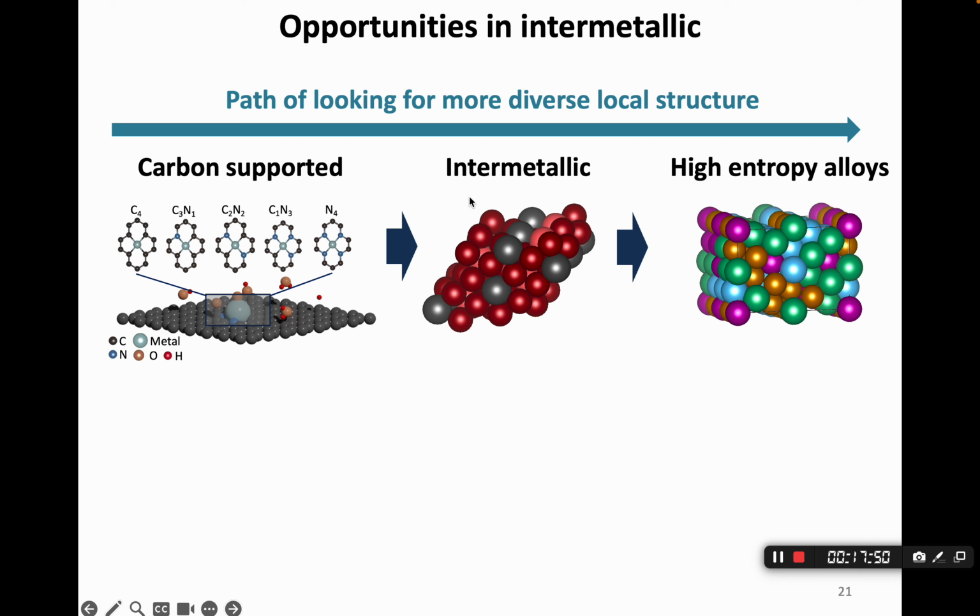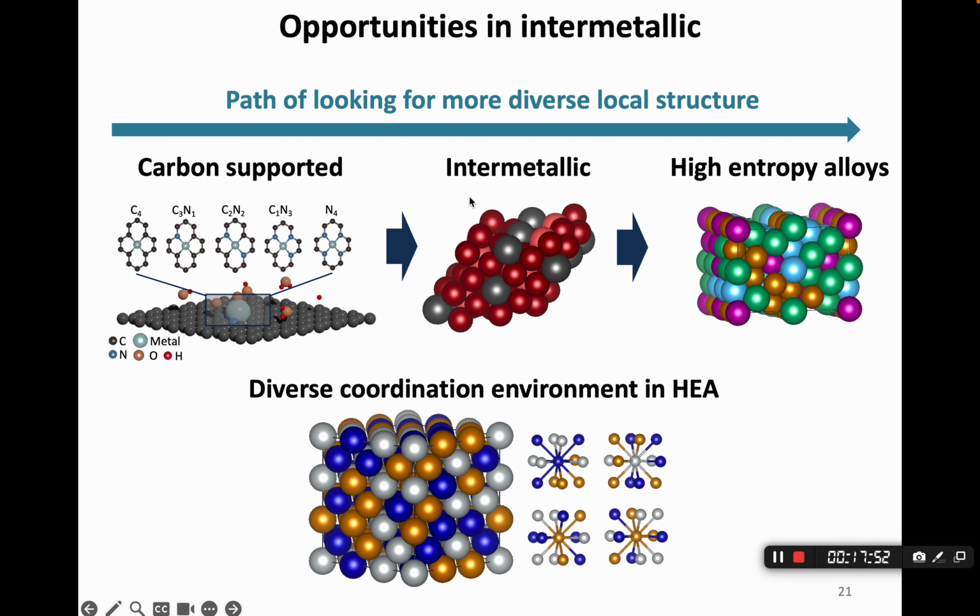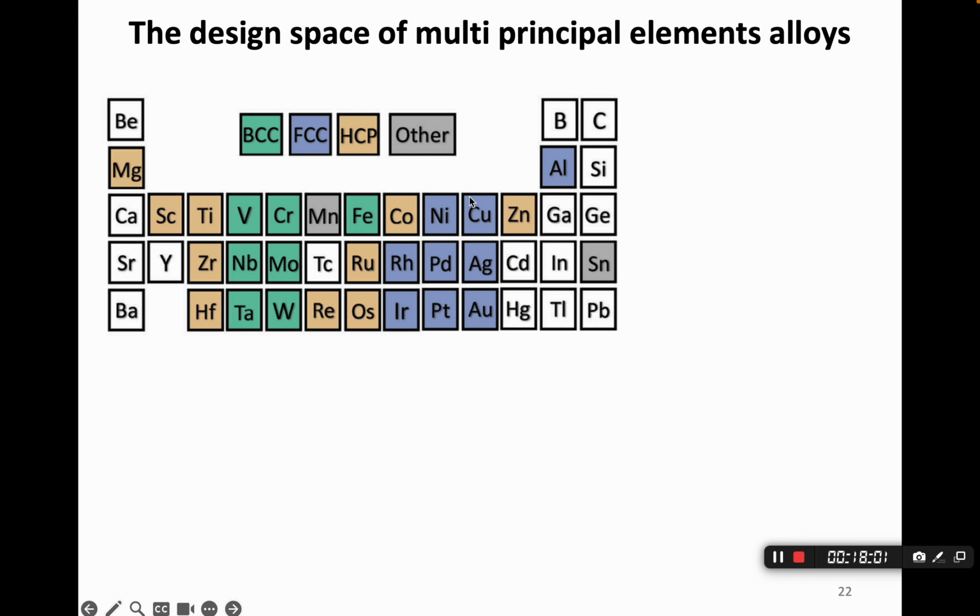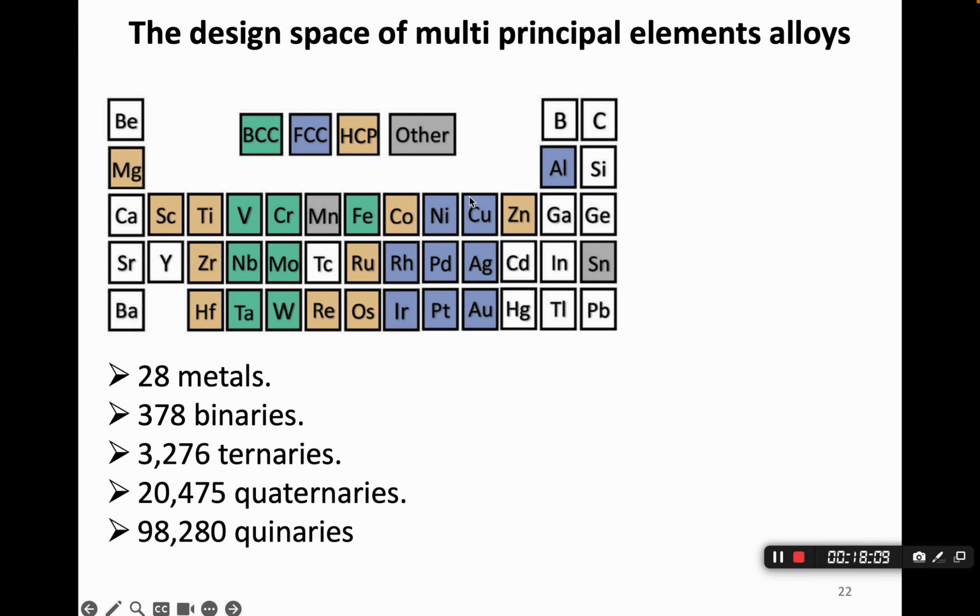In high entropy alloys, you can put as many metals into it as you want, and you're going to have a very diverse local environment, because everything is random. In this case, we did a high throughput screening of all the possible high entropy metal alloys. Again, we screened through 28 metals, and we have 378 binaries, 3,200 ternaries, 20,000 quaternaries and 98,000 quinaries.